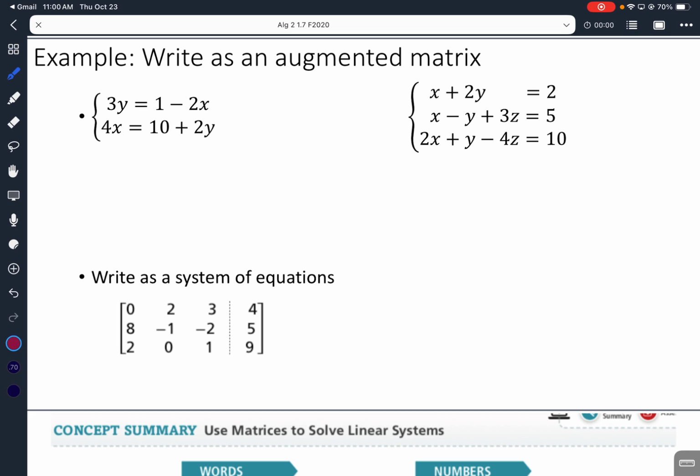What is wrong with this right now? They're not in order, right? They need to be alphabetical, X, Y, Z, A, B, C, whatever the variables are, and the equals always needs to be on the right-hand side.